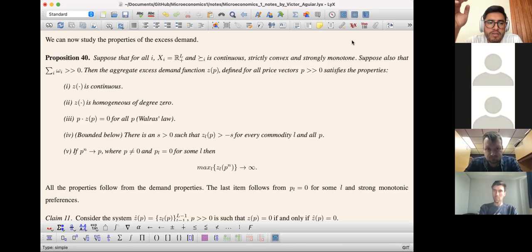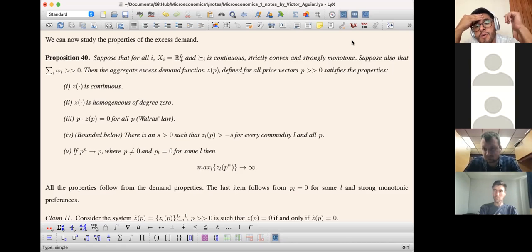And then the final one is that if you have a sequence of prices such that some price goes to 0, then if you take the maximum of the excess demands across the goods, the maximum with respect to l, one of them will go to infinity.